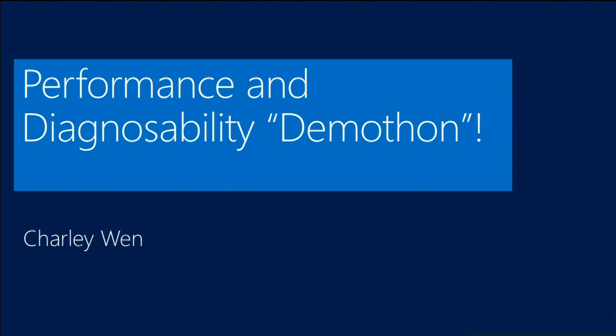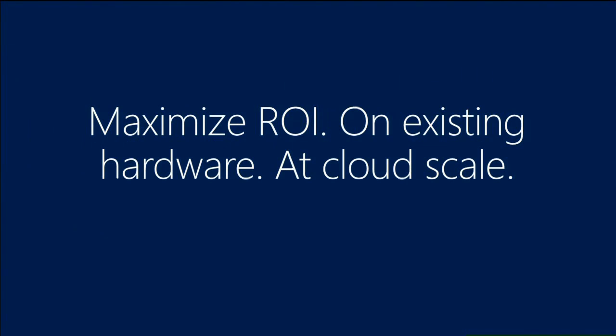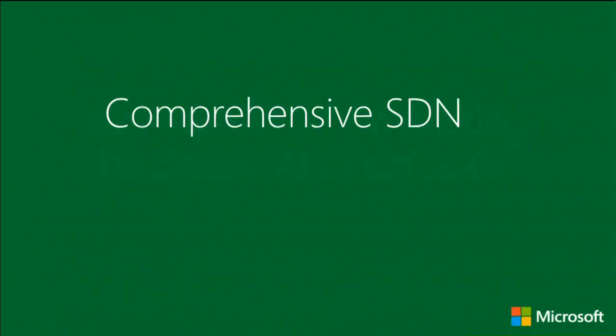So with this capability, you get to maximize ROI on the investment you have already made in existing resources and do all of this at cloud scale. So that's cloud scale performance, diagnosability, and security. The next area I'm going to talk about is a comprehensive SDN story.